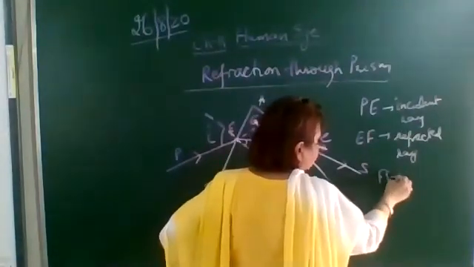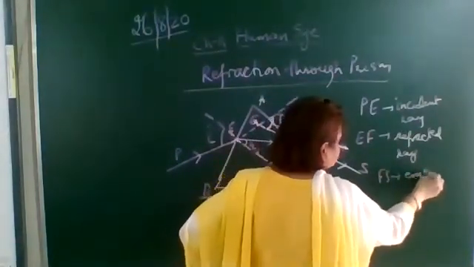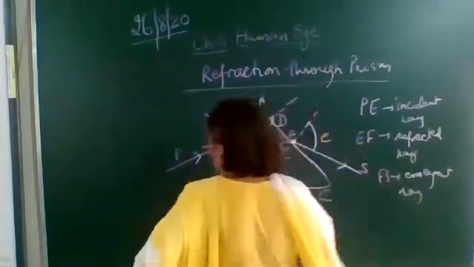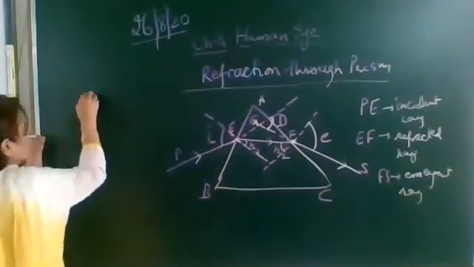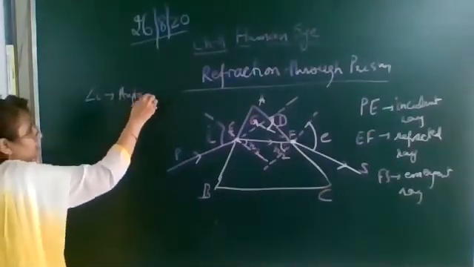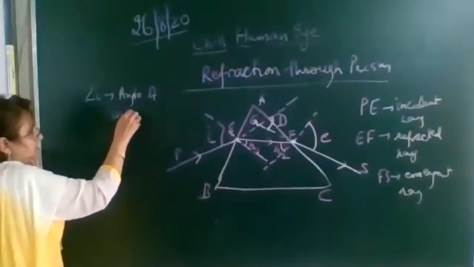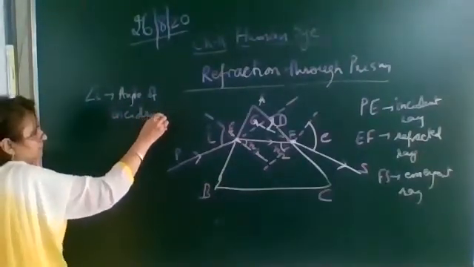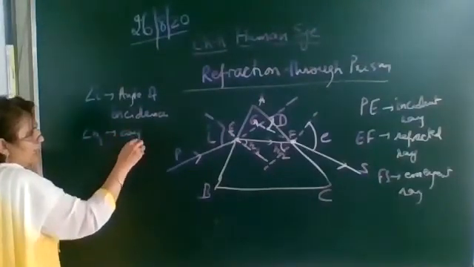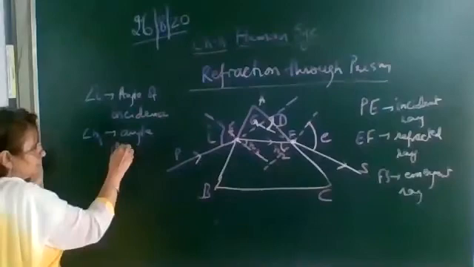FS is the emergent ray. Now write the angles. Angle I, angle of incidence. Angle R1, angle of refraction.